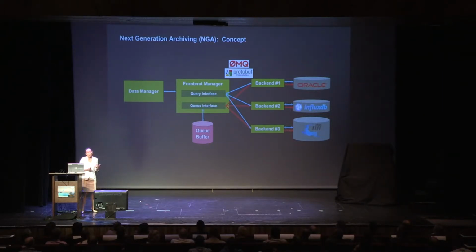So this architecture brings us a lot of advantages. I will just name 3 of them. Number 1 obviously is you can run several backend managers in parallel, which means that you can archive your data in more than one database out of one WinCC project. Second advantage is you could archive the same data point in more than one database if you configure it that way.